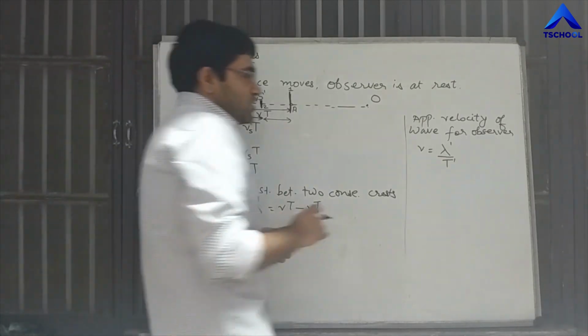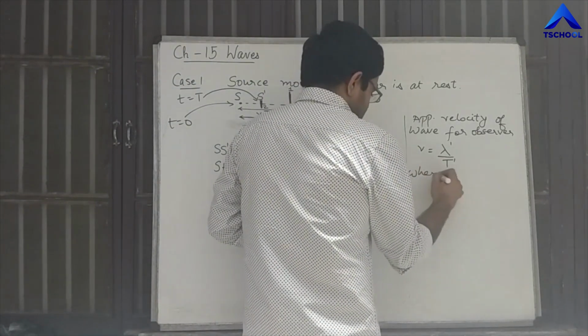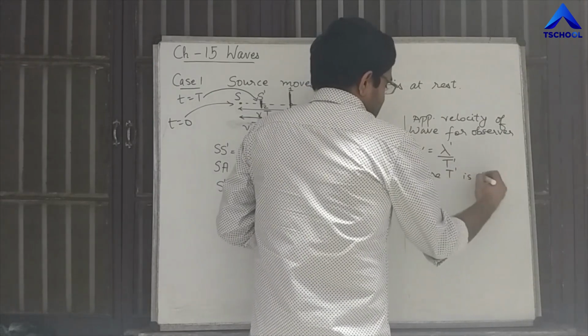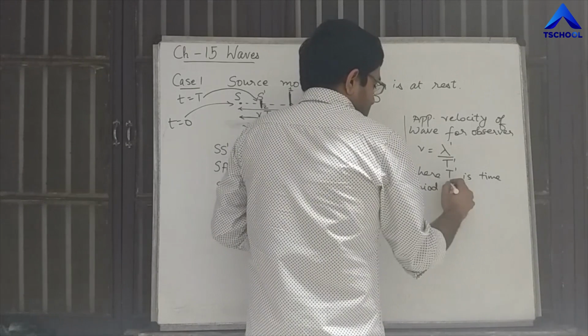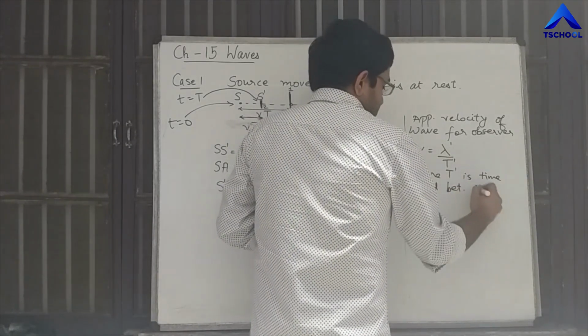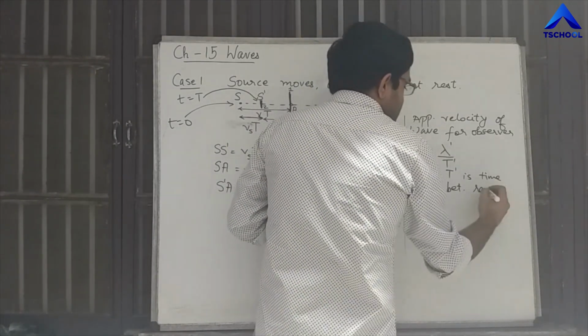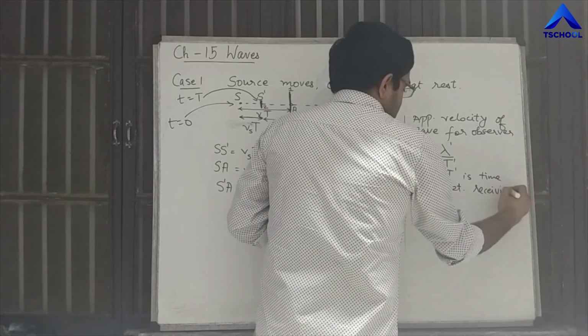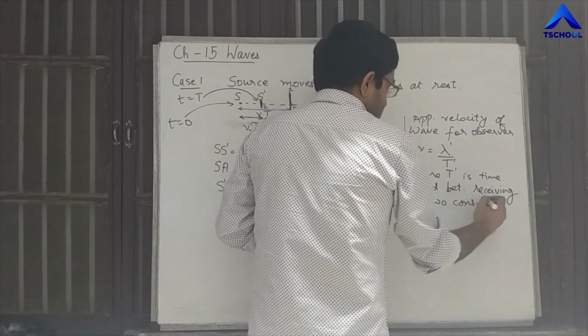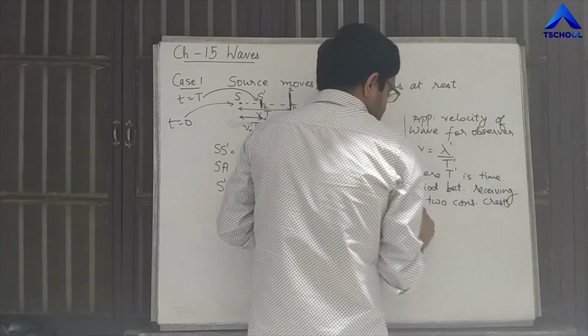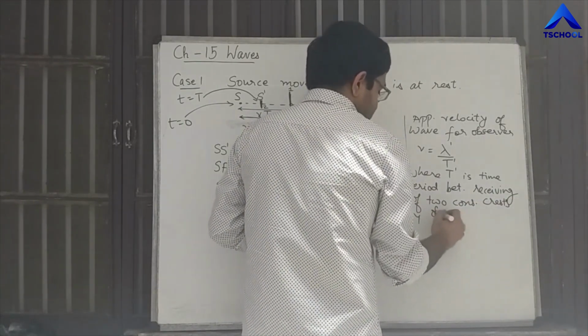Let me clarify in writing: t dash is the time period between receiving two consecutive crests by the observer.